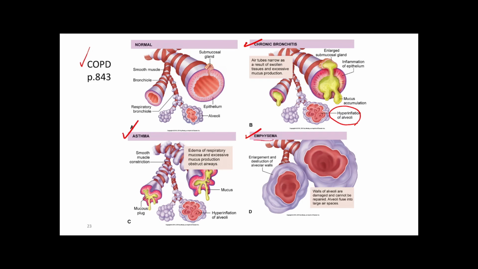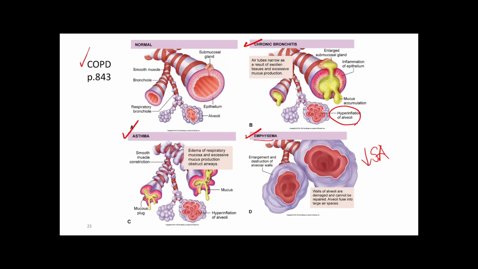Another type of COPD is emphysema. And emphysema is a chronic disorder. It usually is the result of smoking, but not always. And in emphysema, the alveoli become stretched out and enlarged. As a result of that stretching, you lose surface area.